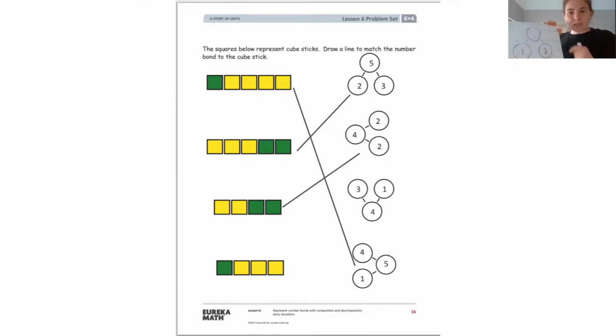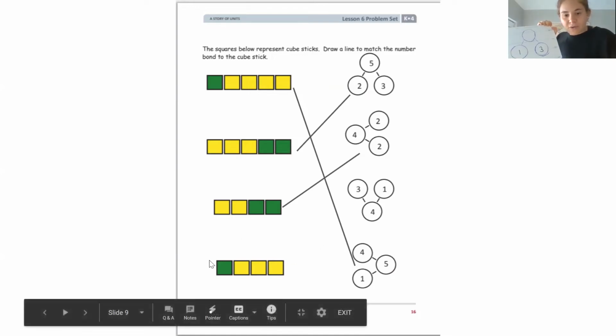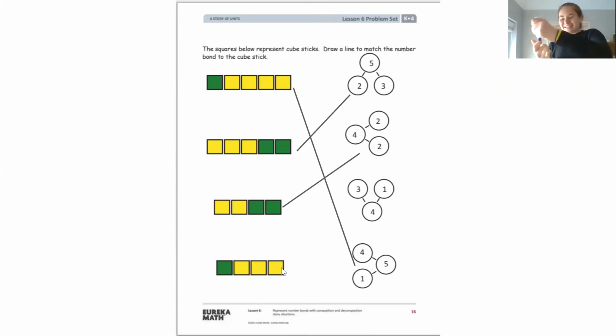Now, what number is going to go up in my party circle? What's the whole number? You can do this, kindergarten. Count the number of cubes all together. It makes 4. Nice job. So we'll fill in this last circle.